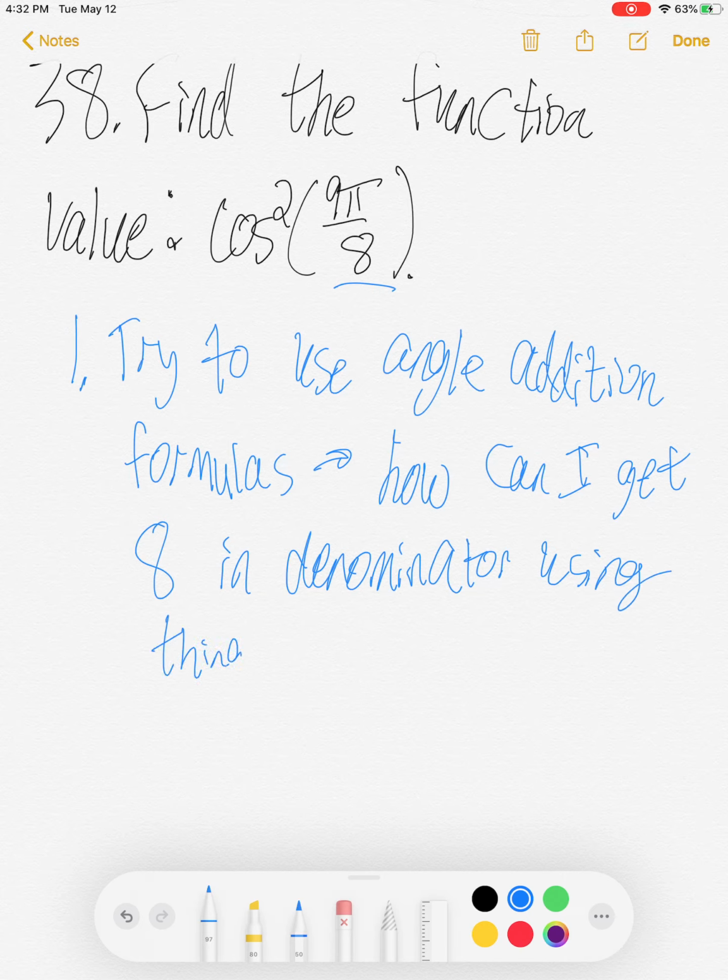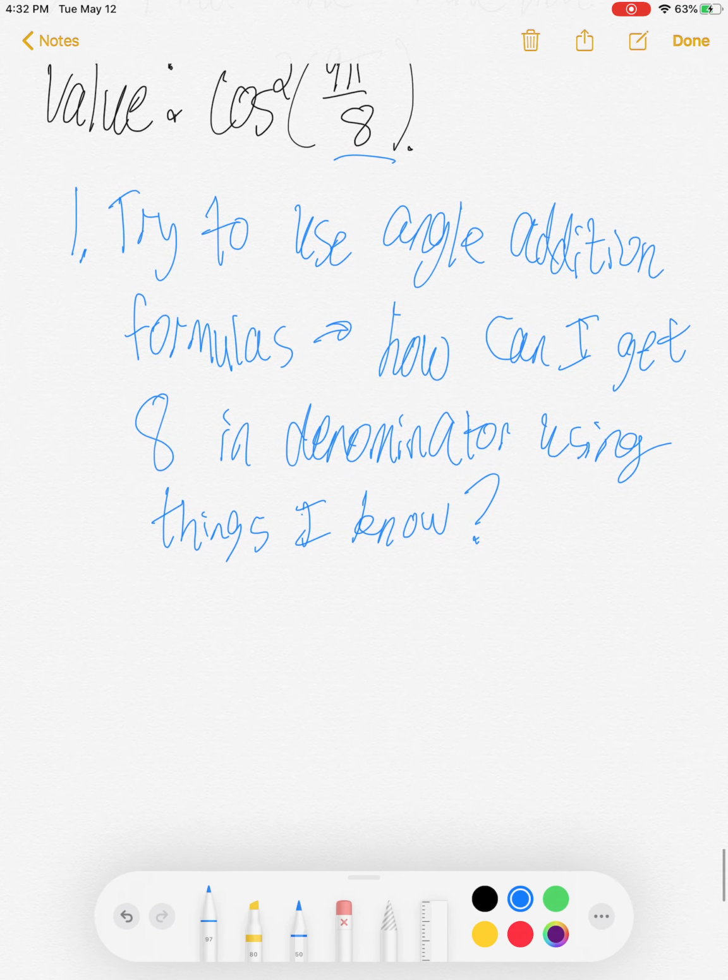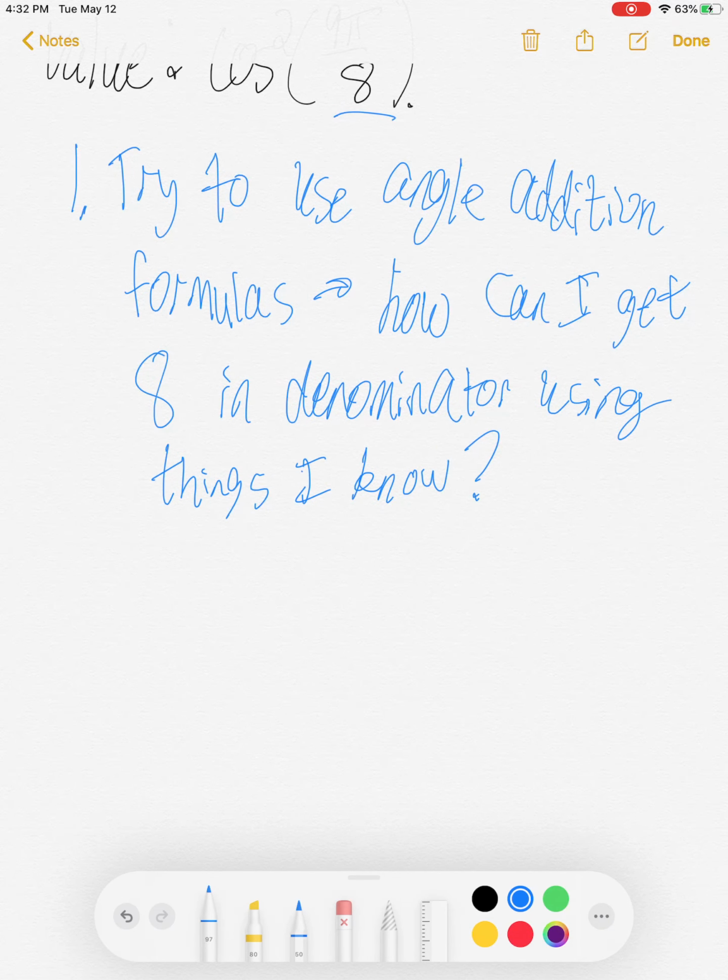By things I know, I mean those pi over 6, pi over 4, pi over 3, etc. So I tried that for a while. I tried to toy around with it with some algebra to make it work. And then I had to come to the sad realization that I could not do that.